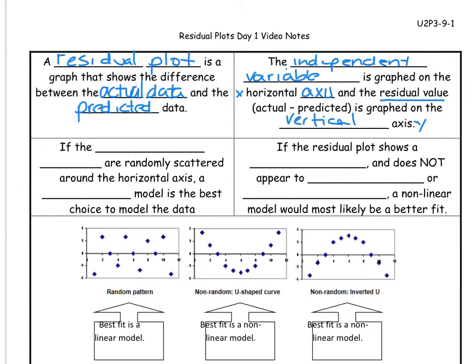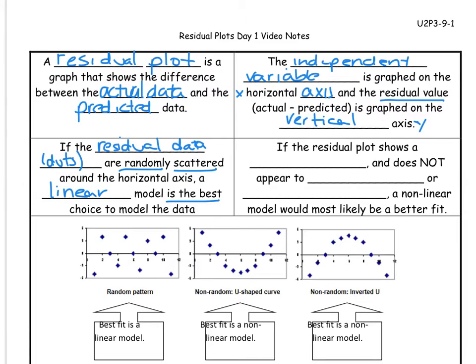So when we make a residual plot, we are looking at the residuals. If the residual data, or the dots, are random and scattered around the horizontal axis, then a linear model is the best fit.